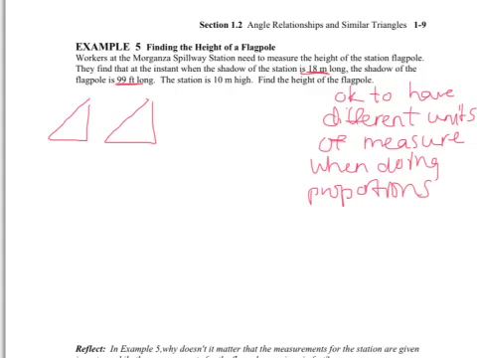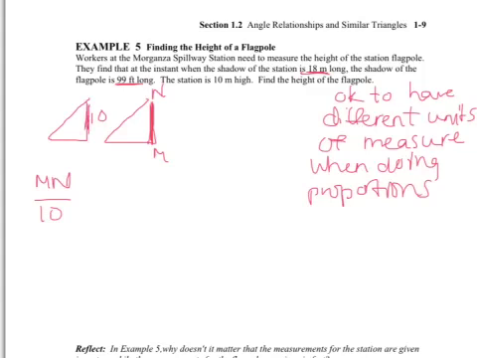So we're going to set this up, and I'm going to say that this is M and this is N. It tells me that this station here is 10 meters high. So then MN is our unknown height for our flagpole. Okay? So I can say MN over 10, because we're setting this proportionate to this.